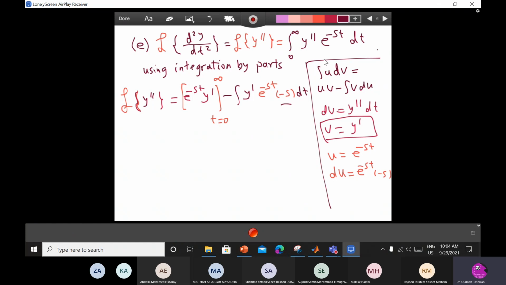This is why I can take the s outside here. So I have plus s, integration from 0 to infinity, of y dash e to the minus st dt. Here, if I substitute by infinity, e to the minus infinity is 0, minus, when I substitute by 0, e to the 0 is 1, but I still have y dash at t equal to 0.